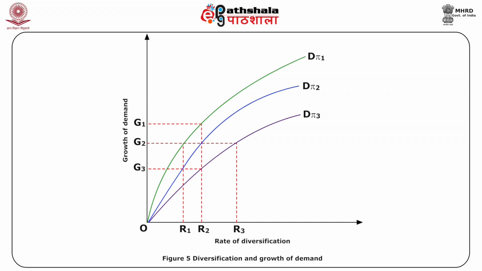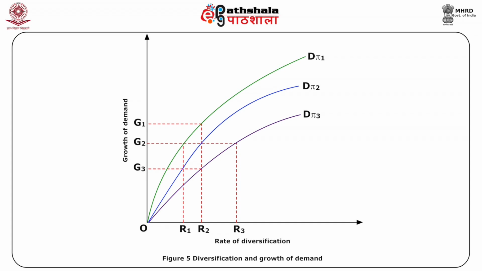Thus, it is clear from the figure that for a given rate of growth of demand OG2, as the level of diversification increases from R1 to R2 to R3, the level of profit also increases.